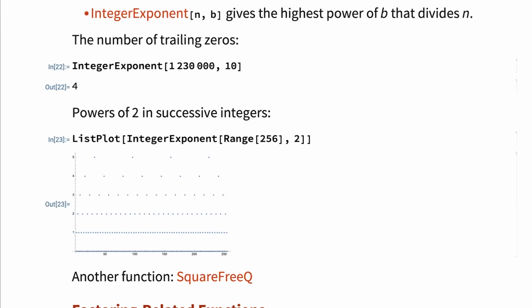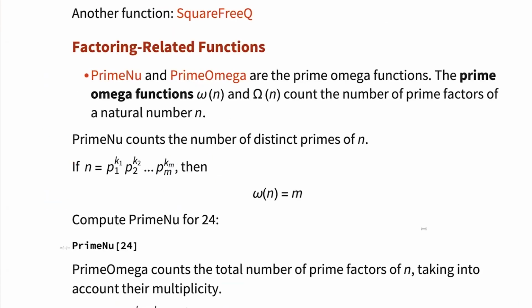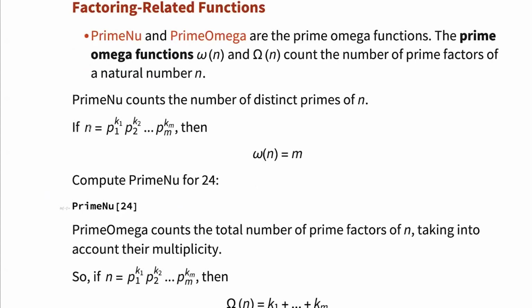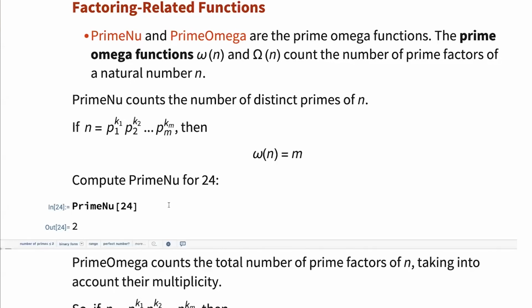Okay, now let's talk about functions that are related to factoring. For example, the prime omega functions, PrimeNu and PrimeOmega, are among these functions. The prime omega functions count the number of prime factors of a natural number n. PrimeNu counts the number of distinct primes of n. So if n has the following prime factorization, then PrimeNu would be equal to m, and we can use it to compute PrimeNu for 24 to get 2.